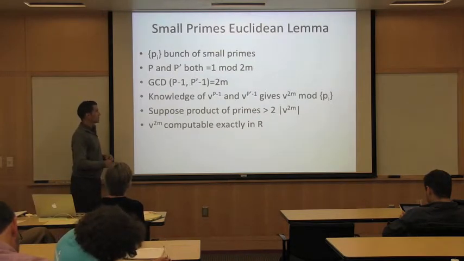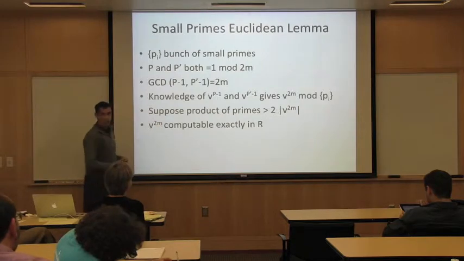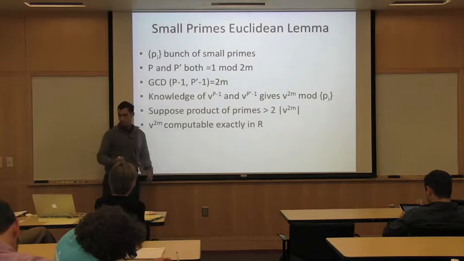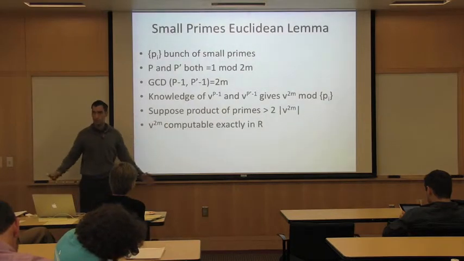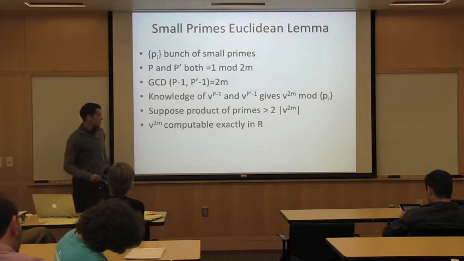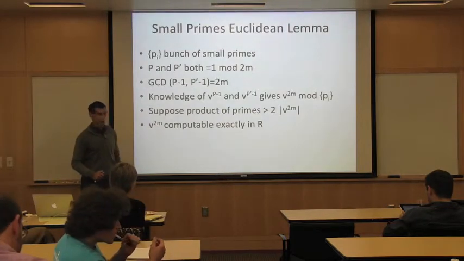Then, working modulo one of those small primes, these quantities actually make sense to write down. Remember, those are the same quantities that were enormous and impossible to write down with the enormous p's. So we're taking two of the p's with GCD 2m, and you can compute with them modulo any reasonably sized prime.